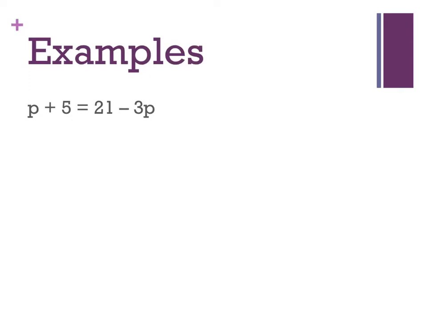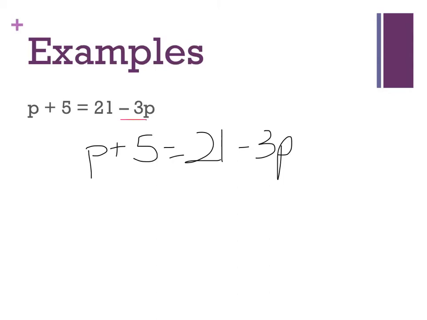Let's look at this example here. It says P plus 5 equals 21 minus 3P. This time, it doesn't really matter, but I think I might move this 3P over to the other side. Now, it says negative 3P.